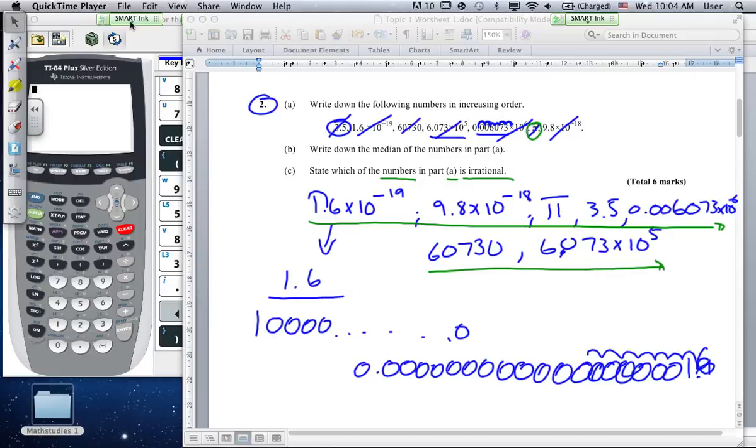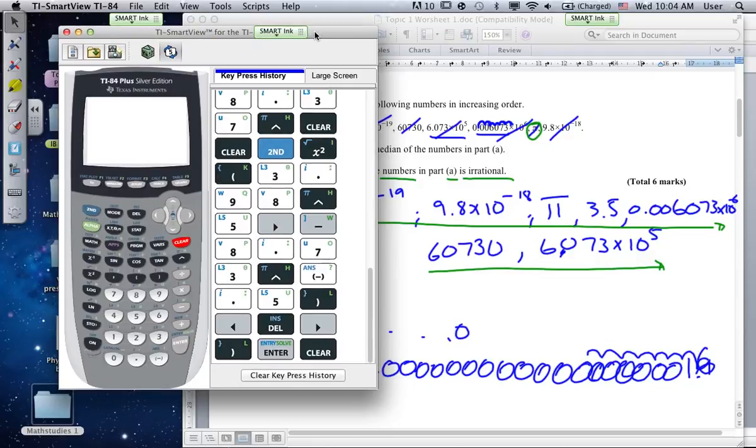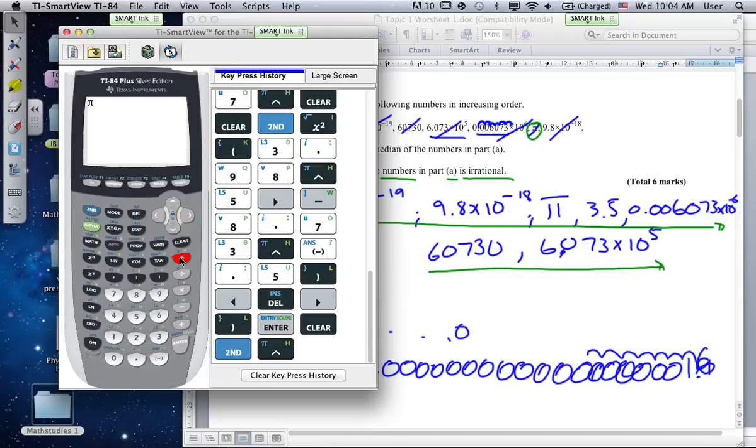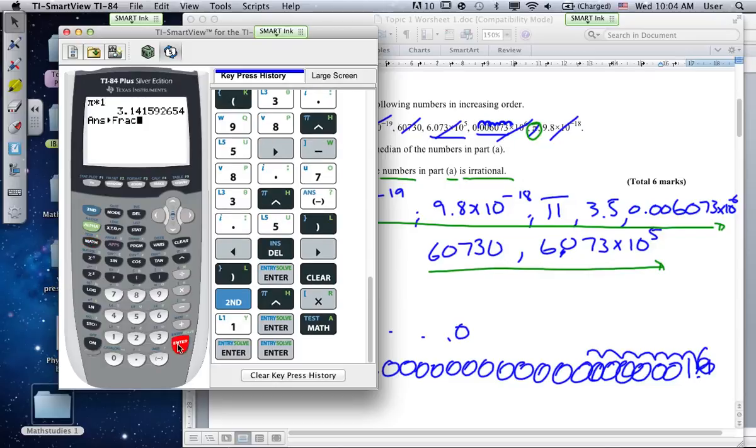If you take pi on your calculator, it's this number over here, second function pi. Let's say I just times it by 1, so I get that. Now, if I go to math and try to write it as a fraction, enter, you see I still get it written as a number.